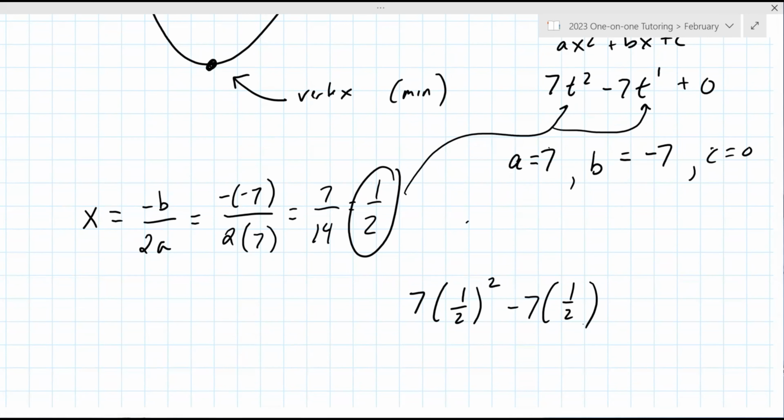I can't remember. Are you allowed to use a calculator in this class? Sometimes, most of the time. Okay. So if you have a calculator handy, I'd like you to try to calculate this.